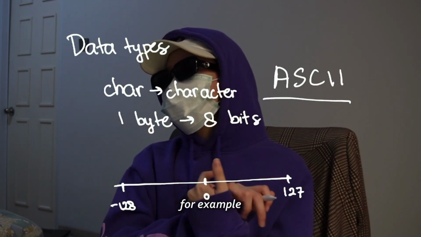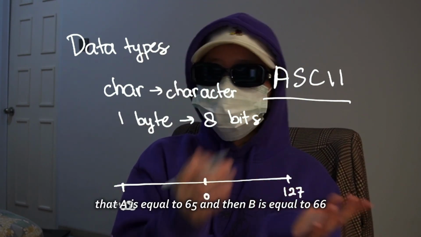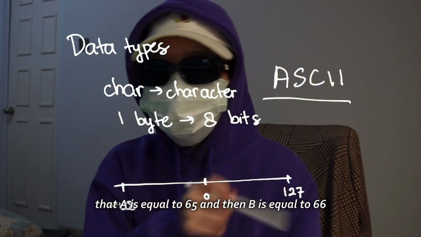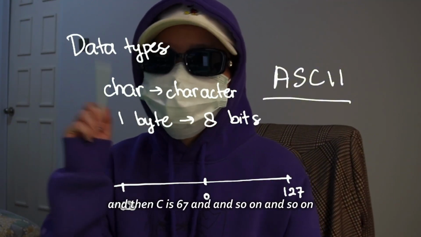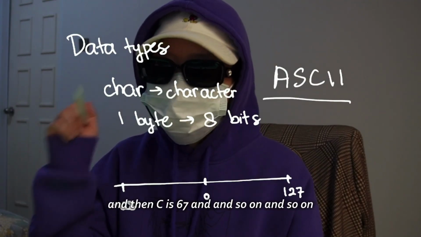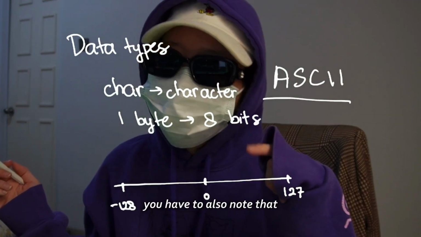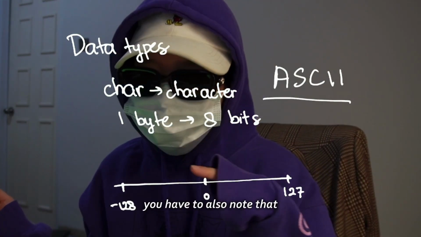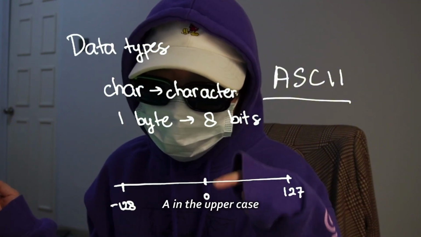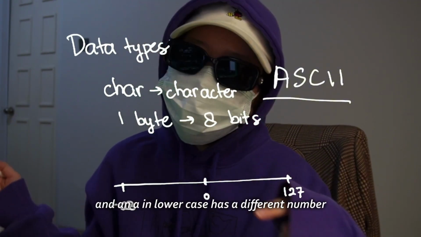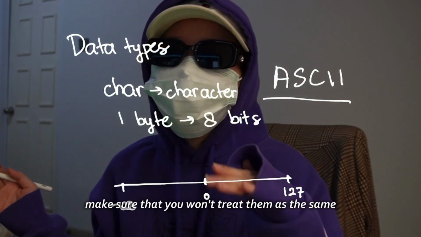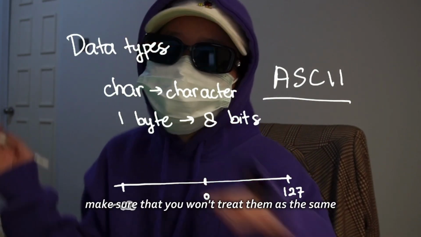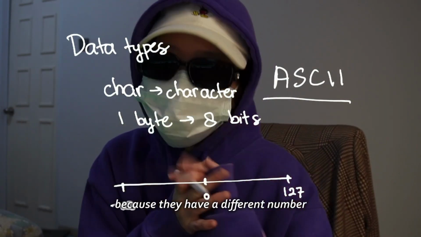For example, A is equal to 65, B is equal to 66, C is 67, and so on. You also have to note that A in uppercase and A in lowercase have different numbers. Make sure that you don't treat them as the same, because they have different numbers.